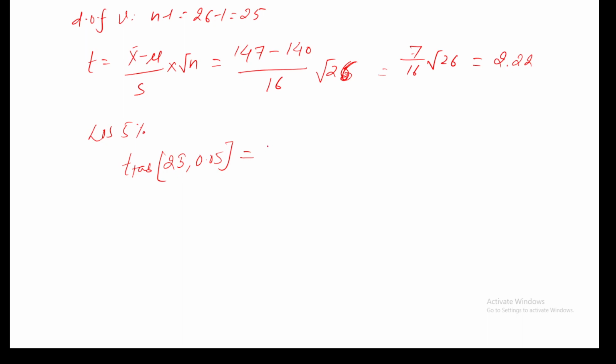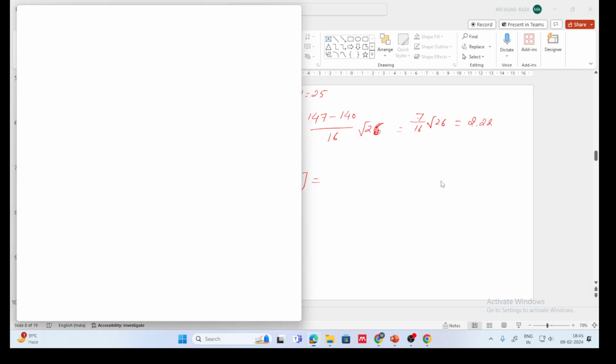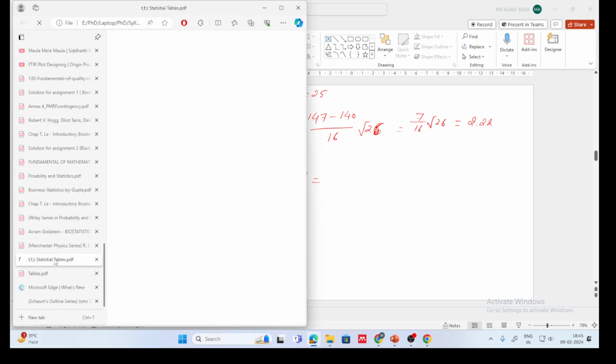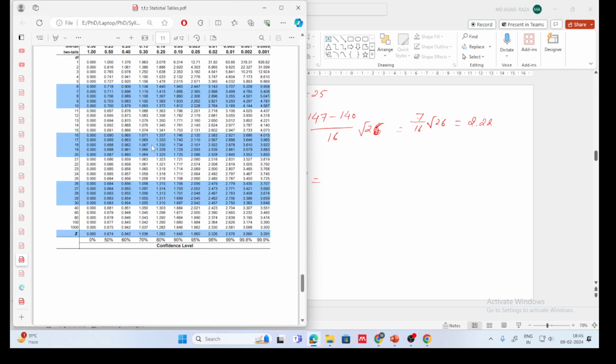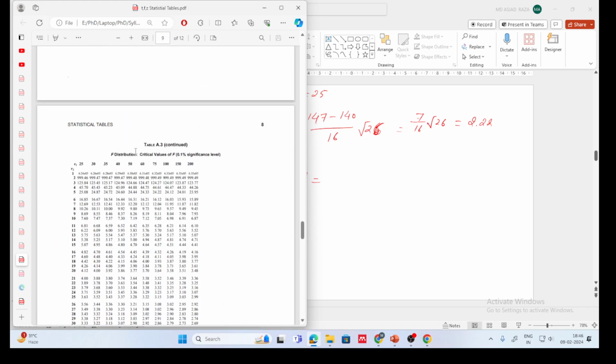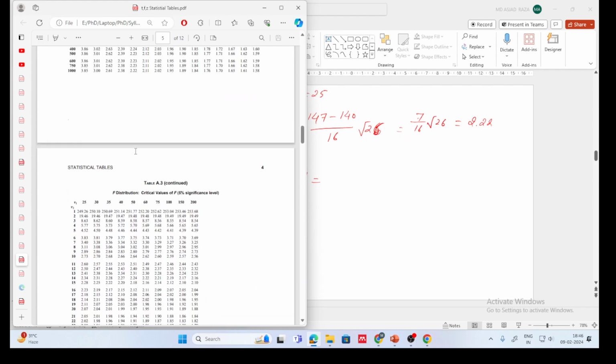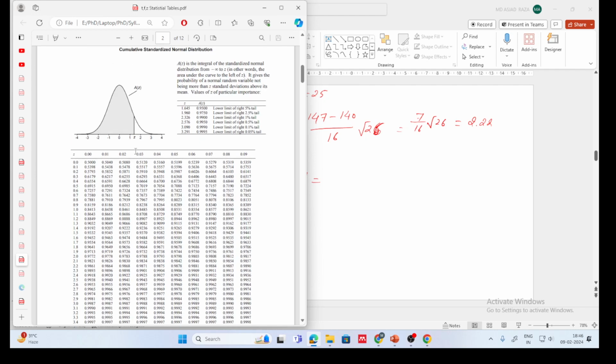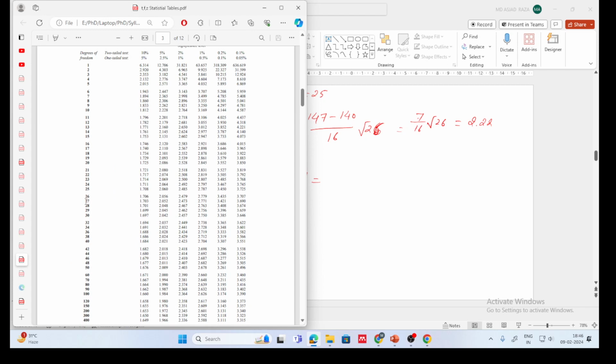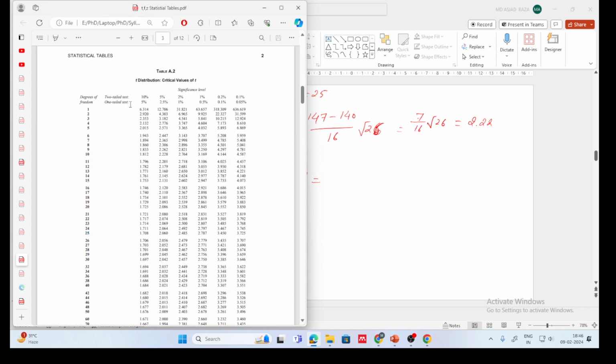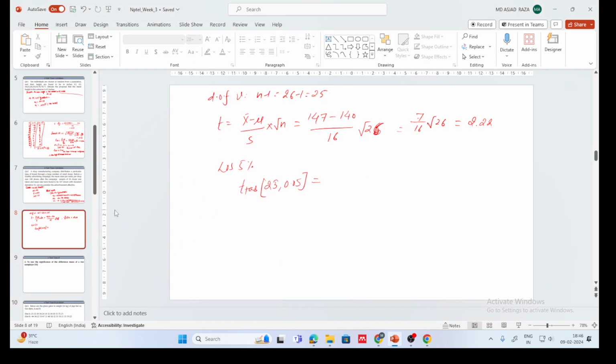For 25 degrees of freedom, one tail test, 5% level of significance, we go to the column and then to row 25. So it will come 1.708. Yes, sir, 1.708.